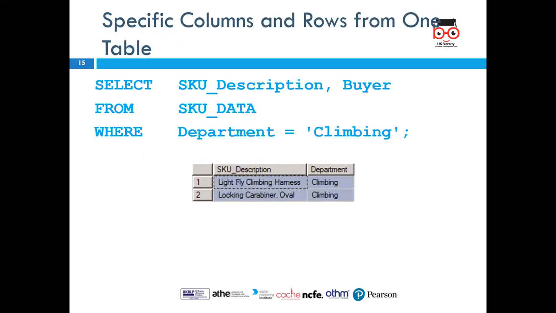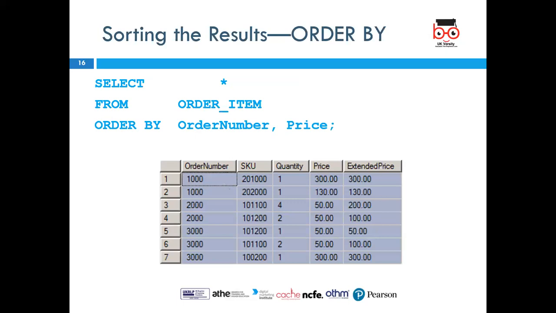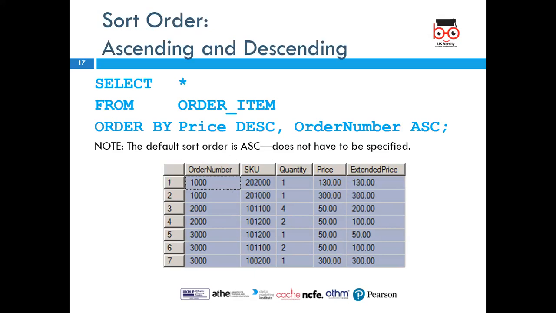Also, we have WHERE, which will tell us, for instance, from which department this data has to be collected. This could come from any type of field, such as our attributes.